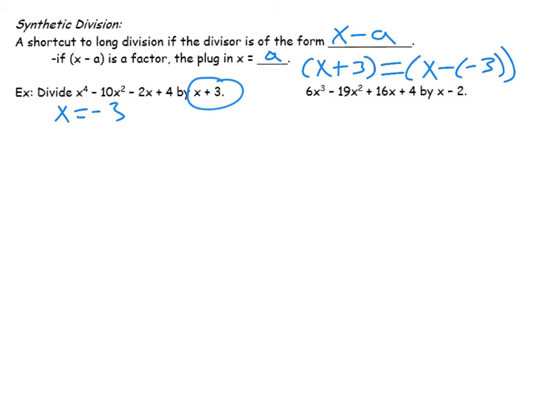If we get a particular result, we could notice that x plus 1 is a factor and that x equals negative 3 is a 0. We'll talk more about that after we do the process here. All right, when you're doing synthetic division, you only need coefficients.